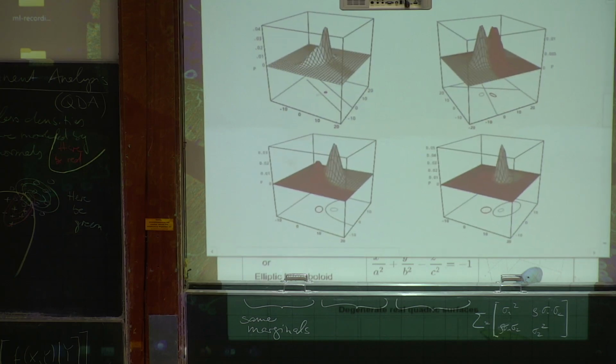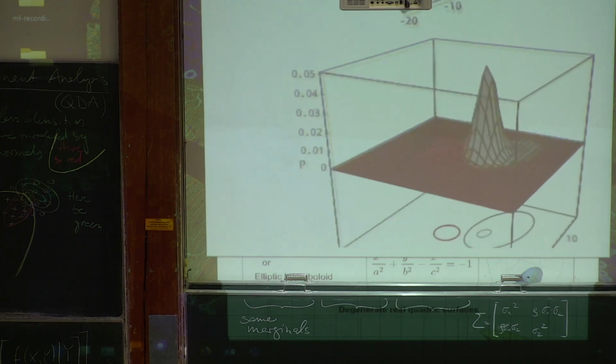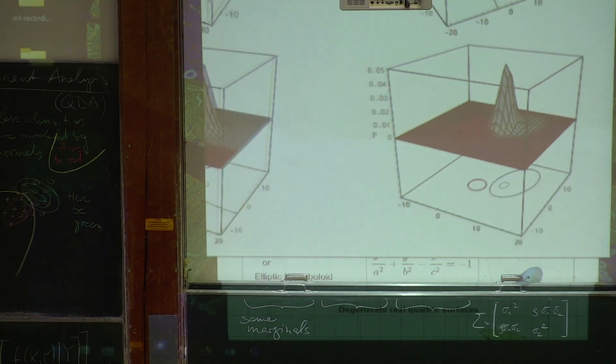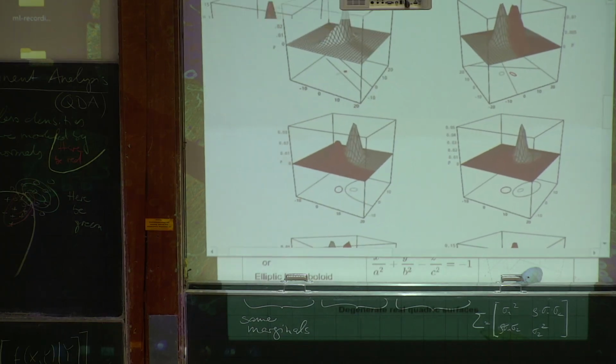So you see on the top of these plots a red Gaussian and a gray Gaussian, and the rendering here is opaque, so we always see only the one which occludes the other one. And shown below are the decision boundaries.